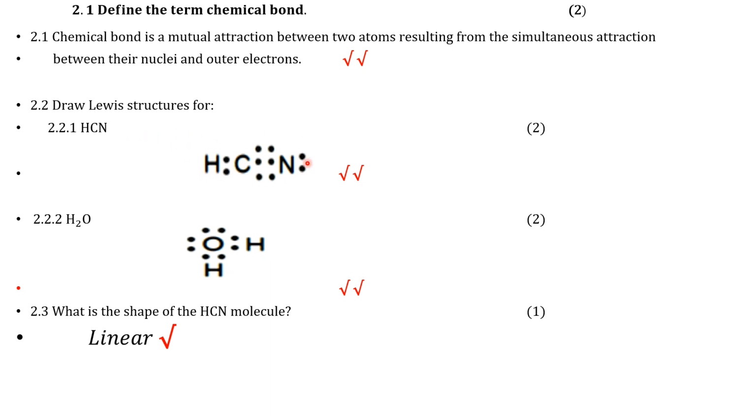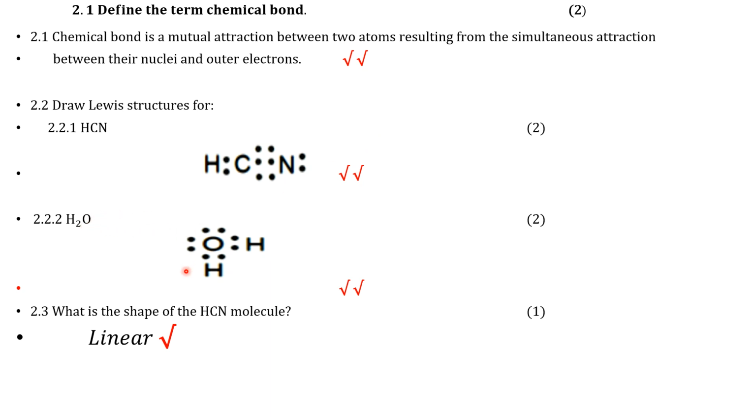Nitrogen has 5: 1, 2, 3, 4, 5. Right, so the 3 bonds with the 3 that's left from carbon. They form a triple bond. They form a linear shape as you can see there. So 1 mark for correct amount of valence electrons, 2nd mark for correct shape.